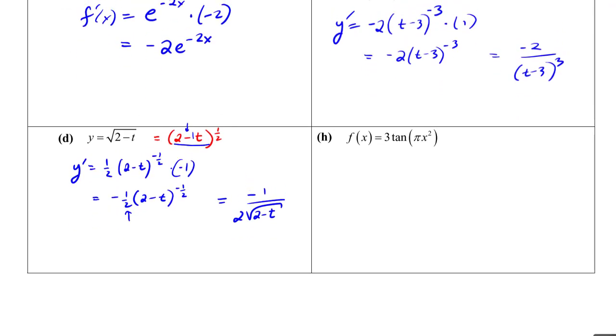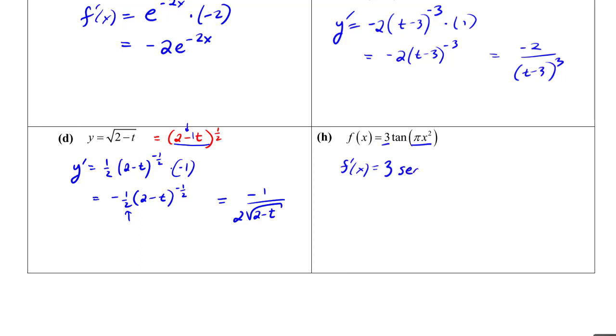Okay. So now f of x equals 3 tan of pi x squared. Not a big deal here. Looks intimidating, but it's not really. I have f prime of x, so I just have 3 times tan of something. So the 3 is a multiplicative constant, it stays. Then I have tan of something. Well, the derivative of tan is secant squared.